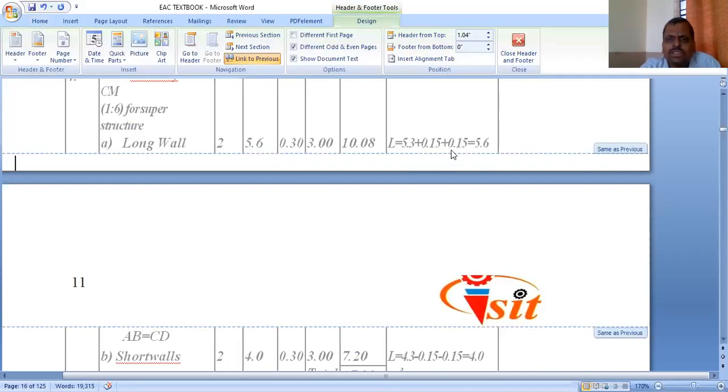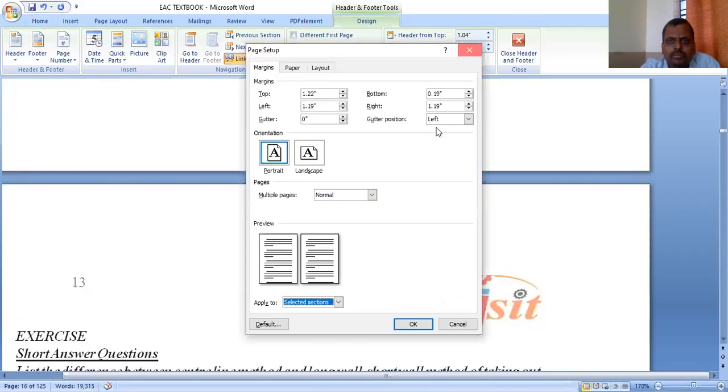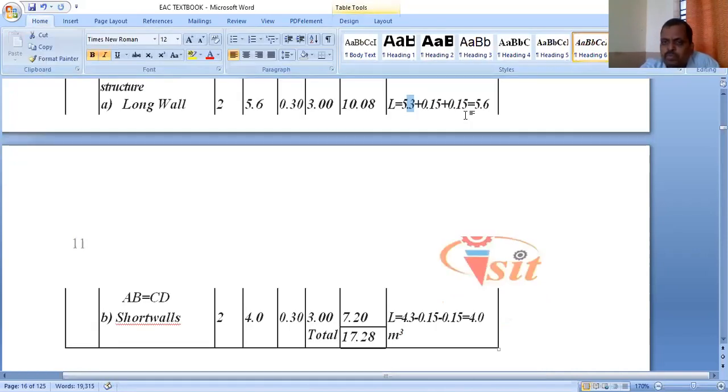While calculating the long wall, what you have to do is add one width of the item. Initially we added the width of the item as 0.9 for excavation, 0.6 for step 1, 0.45 and so on.